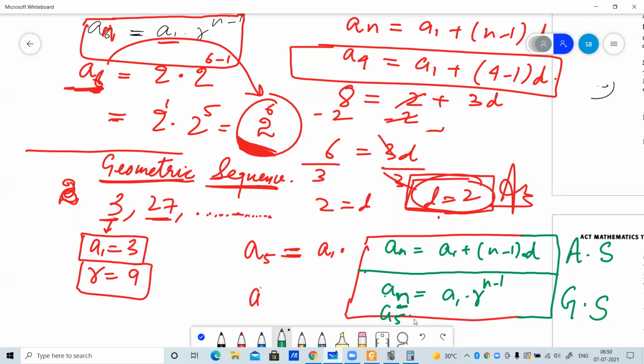A5 will be equal to a1 times r to the 5 minus 1. I thought this was minus. Oh, that's a times. So a1 times r to the n minus 1, right? So how much will the fifth term be?